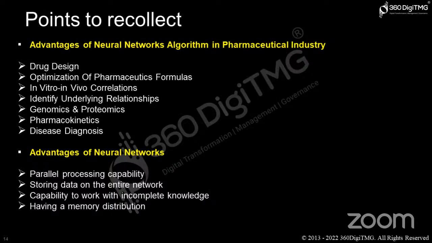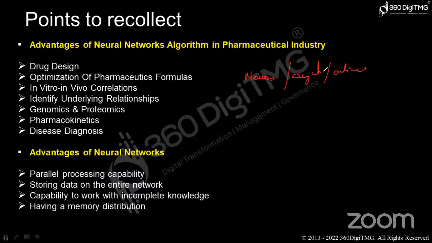Yesterday we saw the difference between the biological neural network and the artificial neural network. The basic building blocks of a neural network are neurons, weights, and activation function.